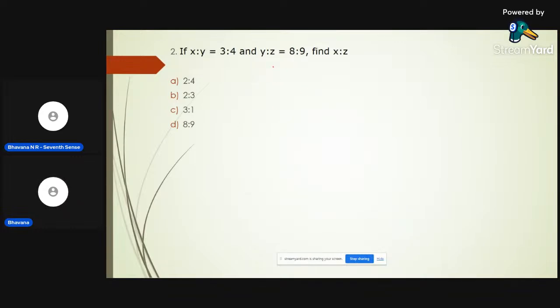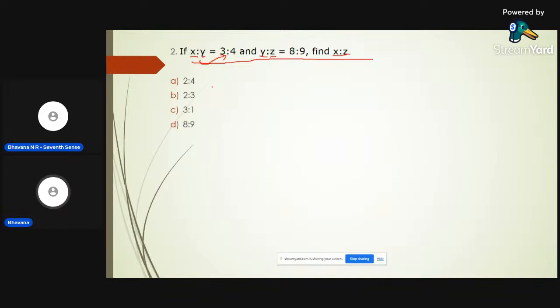Here we have to find out the x is to z value. This is given in the ratio format. This is not the actual value of x and y and z, right? Here the y value is 4, and here the y value is 8.